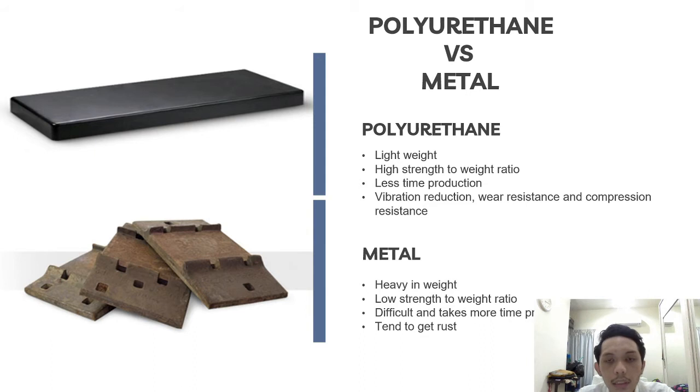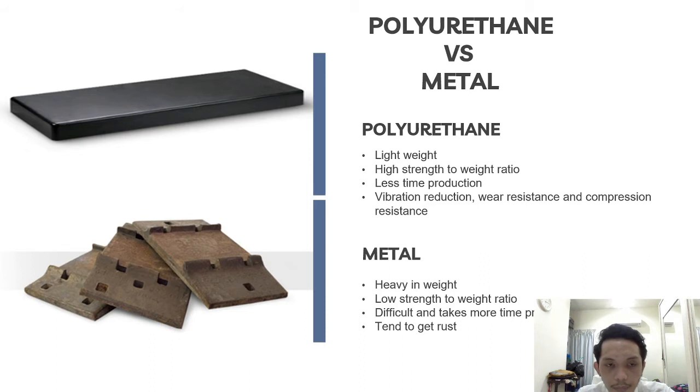First, polyurethane is lightweight. Second, it has high strength to weight ratio. It has less production time, which saves time. And the most important aspects are vibration reduction, wear resistance, and compression resistance.